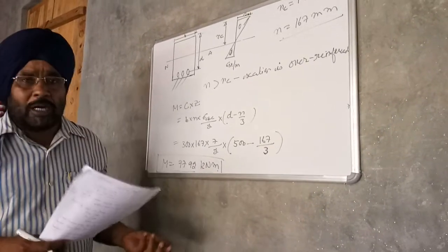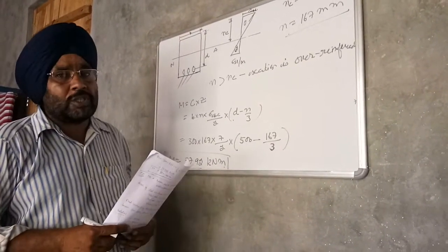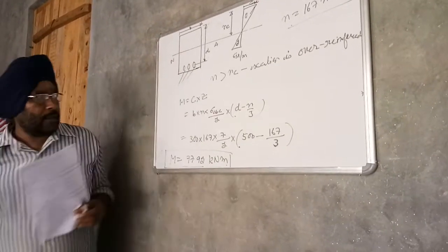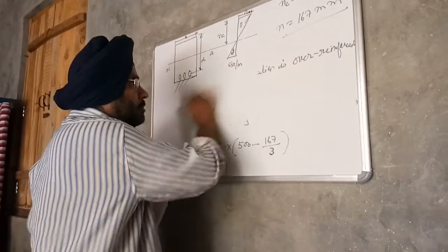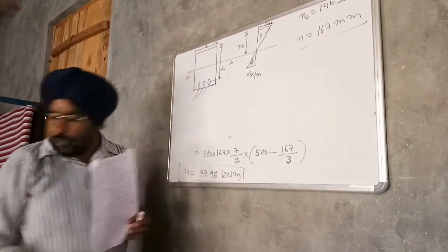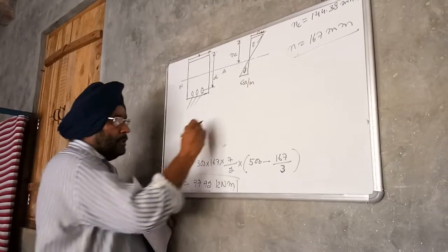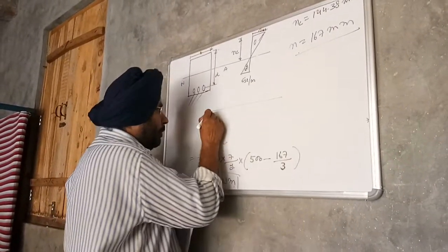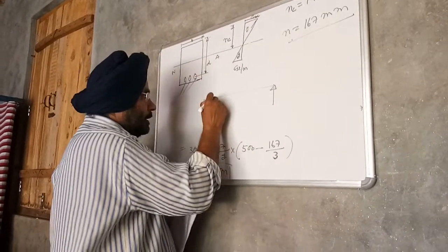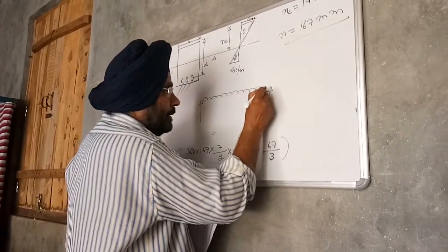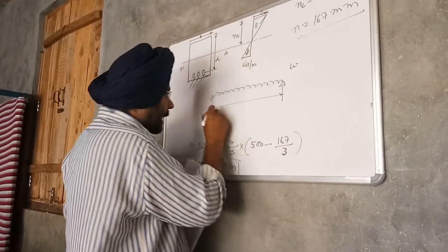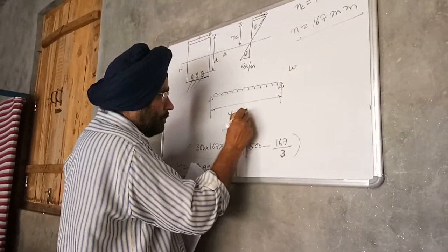The second part of the problem is to calculate the safe load the beam can carry. The beam is simply supported with a UDL of intensity w. The effective span L is given to us as 5 meter.